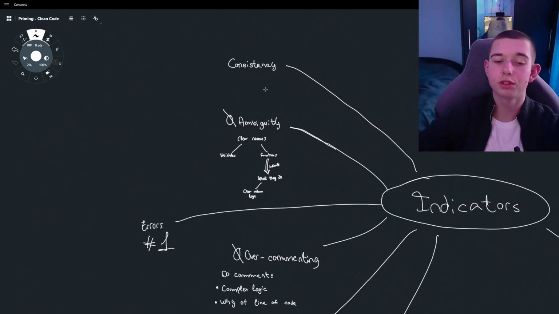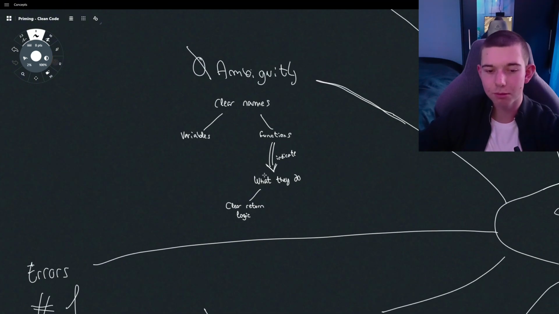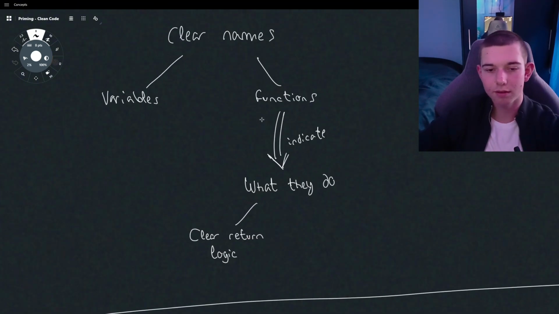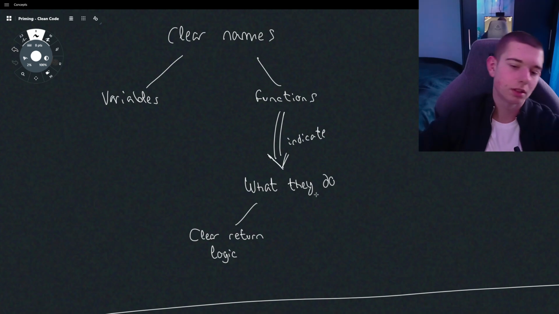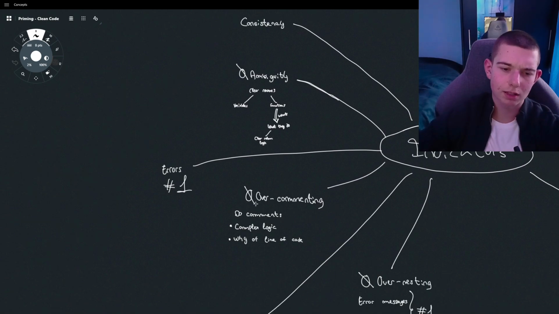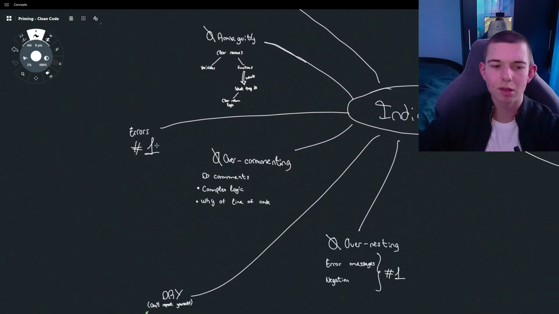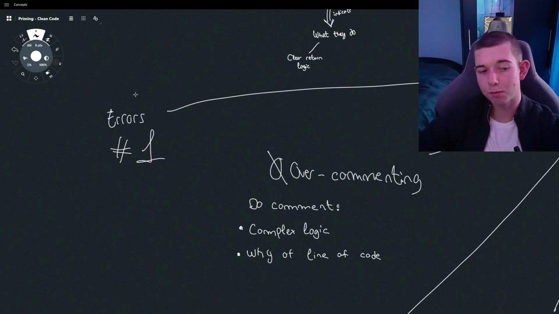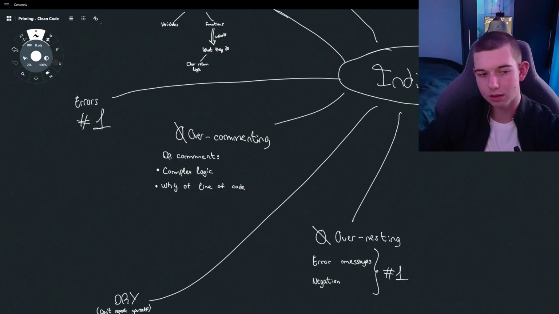So we had consistency, we had ambiguity, but we did not have all of this. We only had functions and the return. So functions indicate what they do, clear return logic. I think this is a bit better than what I had on the other mind map. This is worse, I think.